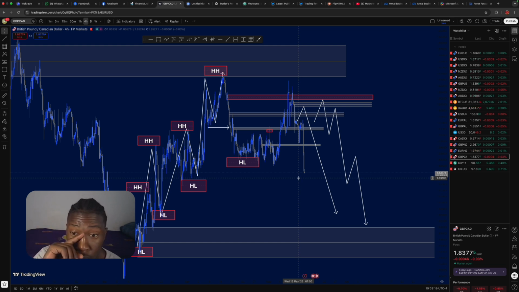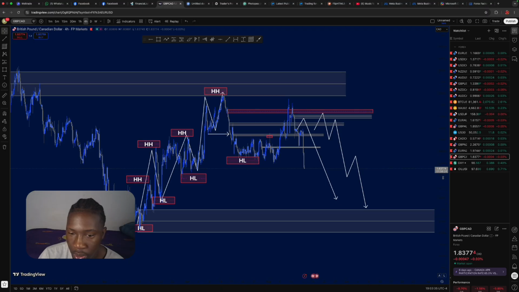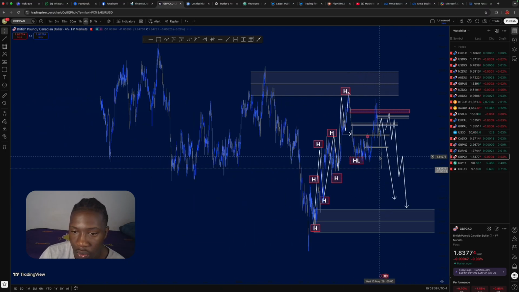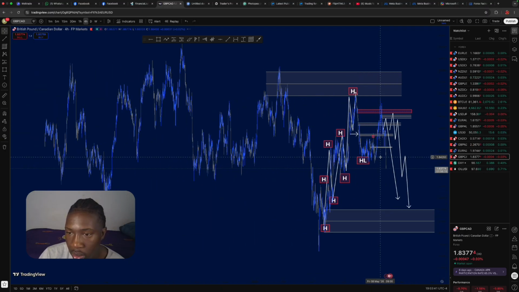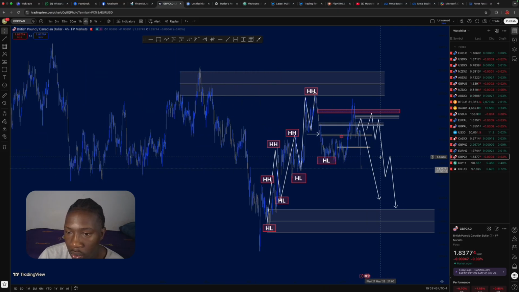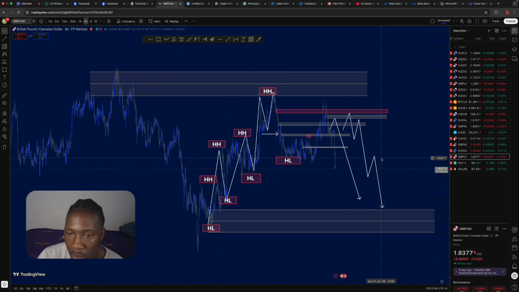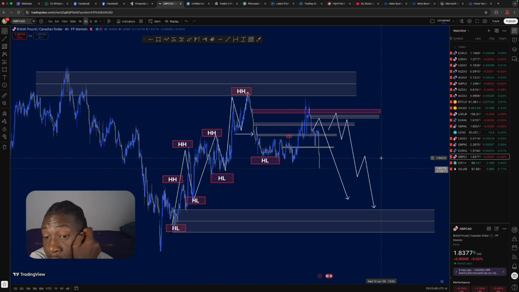But I was saying I need a move to the upside, so we'll see what it is going to do. It didn't give me a chance to open a trade because I was waiting for the move, but it's okay.